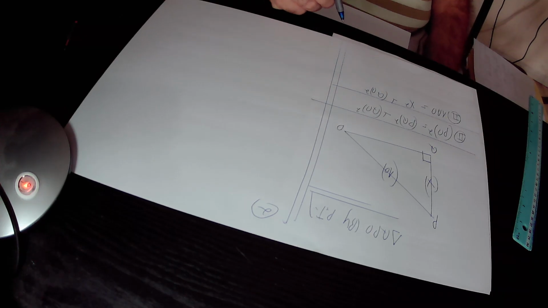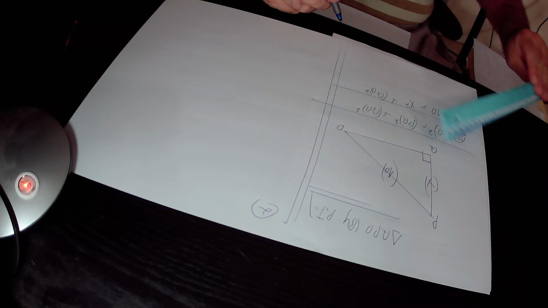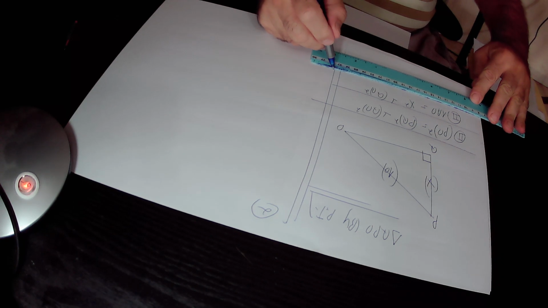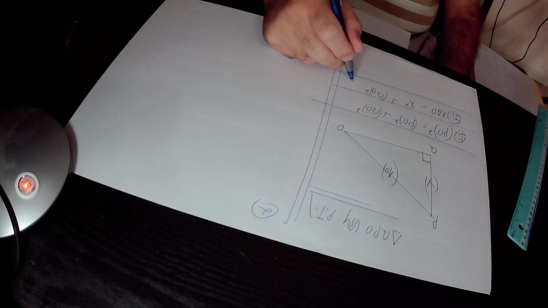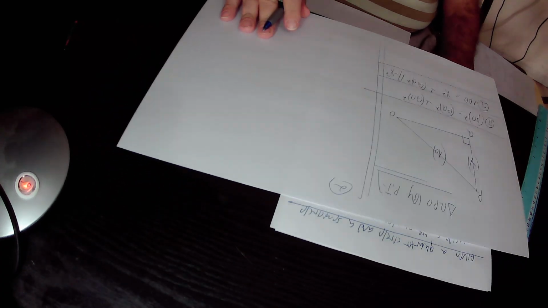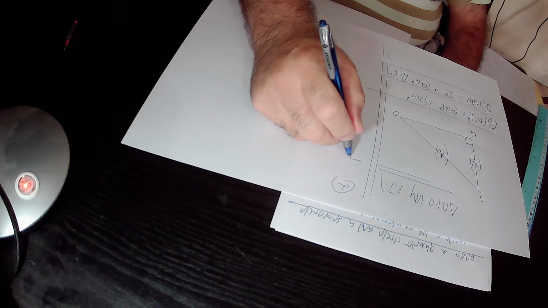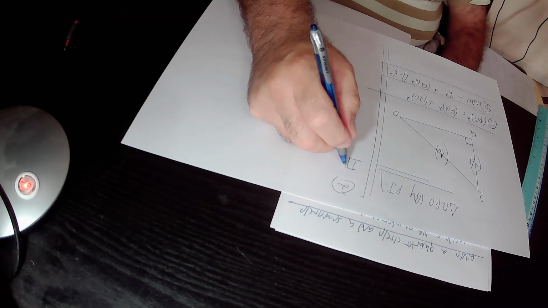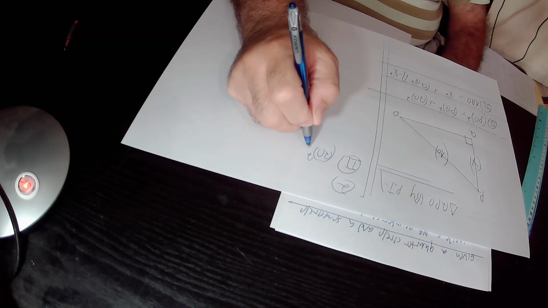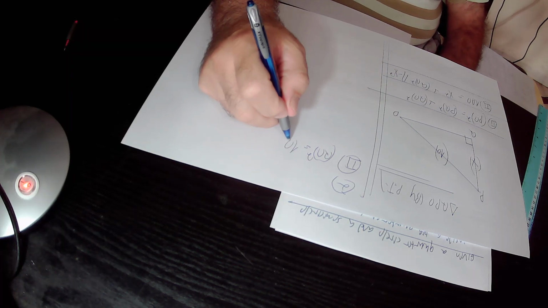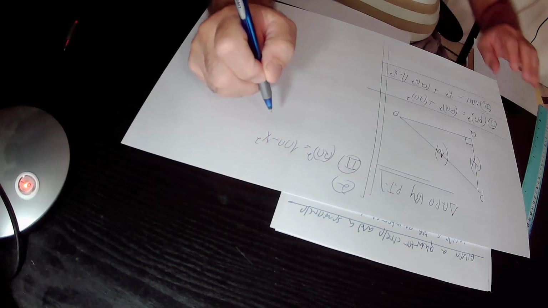So in total, according to equation 2, we find that 100 equals x squared plus QO squared. Here we subtract x squared from this equation, equation 2, and find again that according to equation 2, QO squared equals 100 minus x squared. This is according to equation 2.